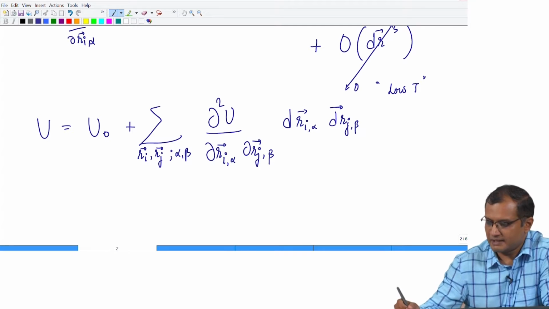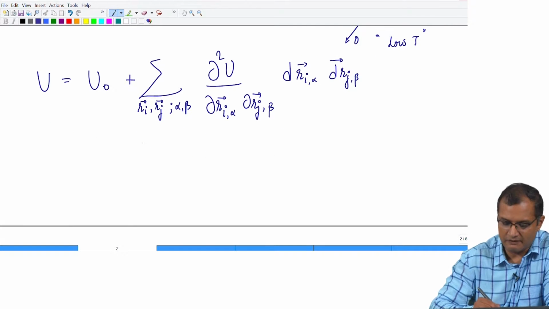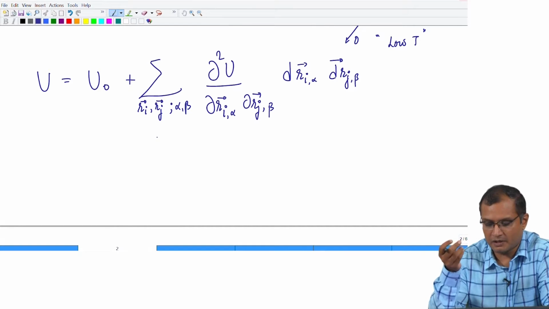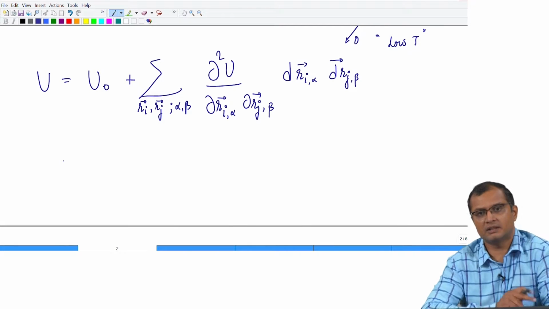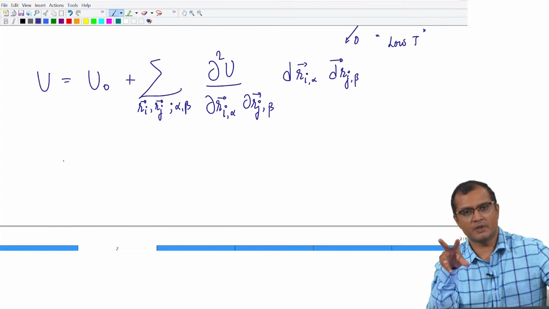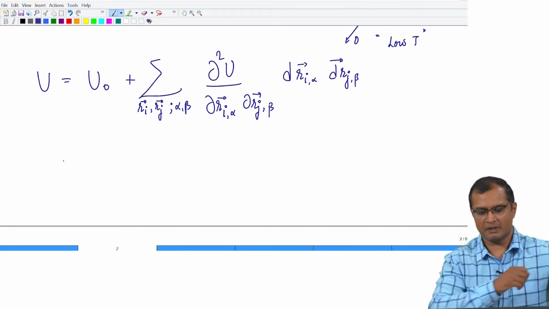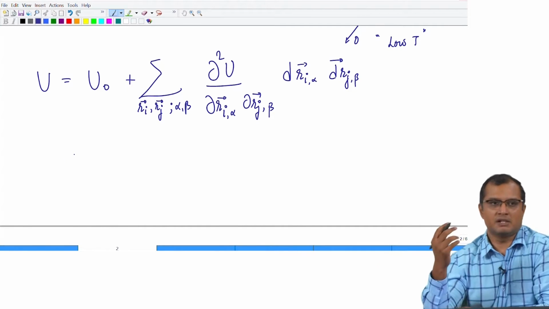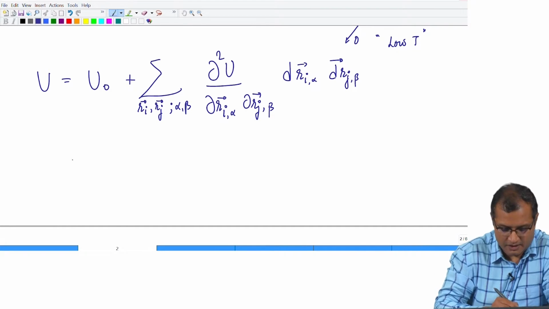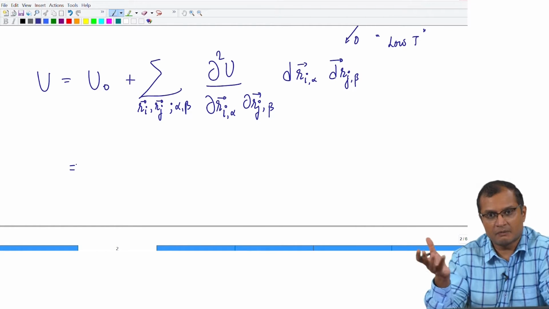And this second derivative of potential energy, if you see, can be written as some kind of a matrix element, because there are 4 indices here, and you can take each direction to be a combination of 2 indices. So, eventually this will be a matrix of, if you take n particles in 3 dimensions, then this turns out to be a matrix of size 3n by 3n.